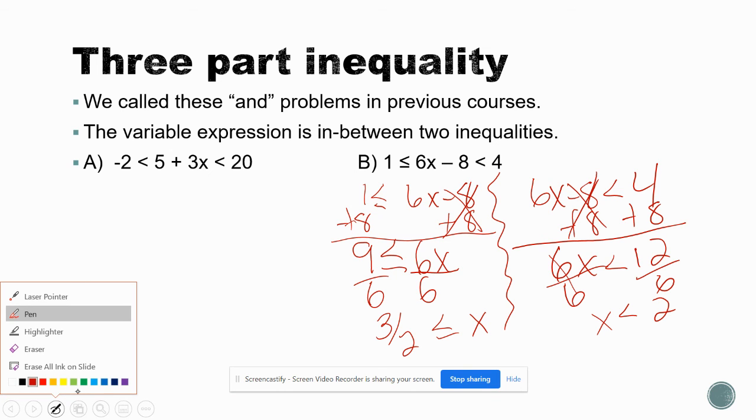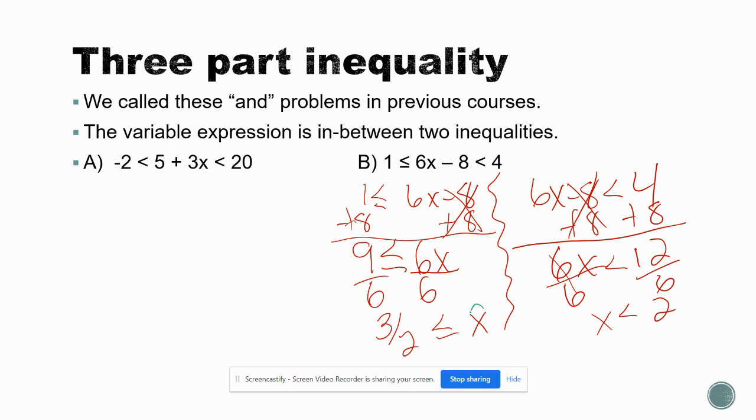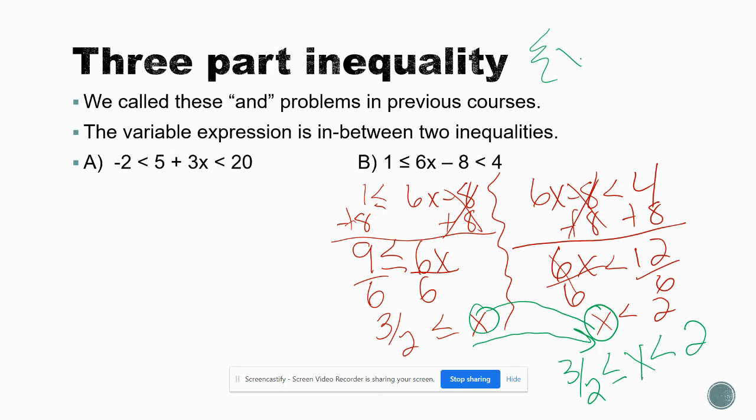Now we can bring these equations together because this x and this x are the same, so we want to overlap them. And when I drag this over, the 3/2 drags over, the x's overlap, and 2. In set notation, this would be x such that positive 3/2 is less than or equal to x is less than 2.